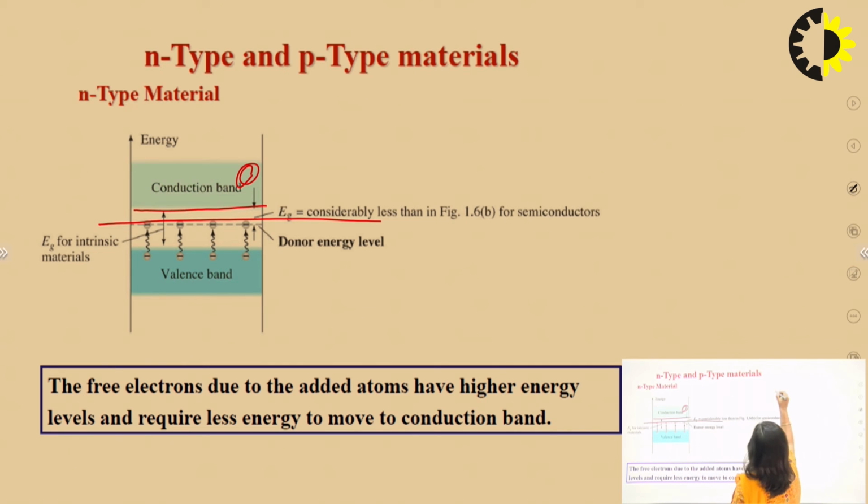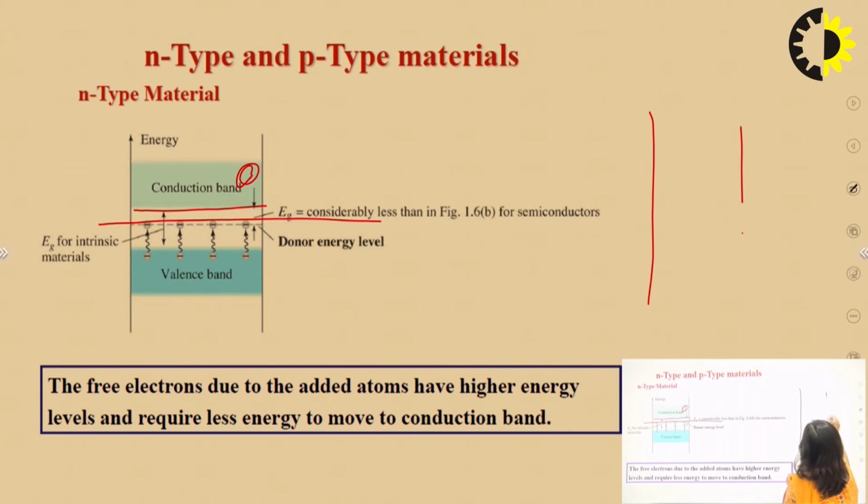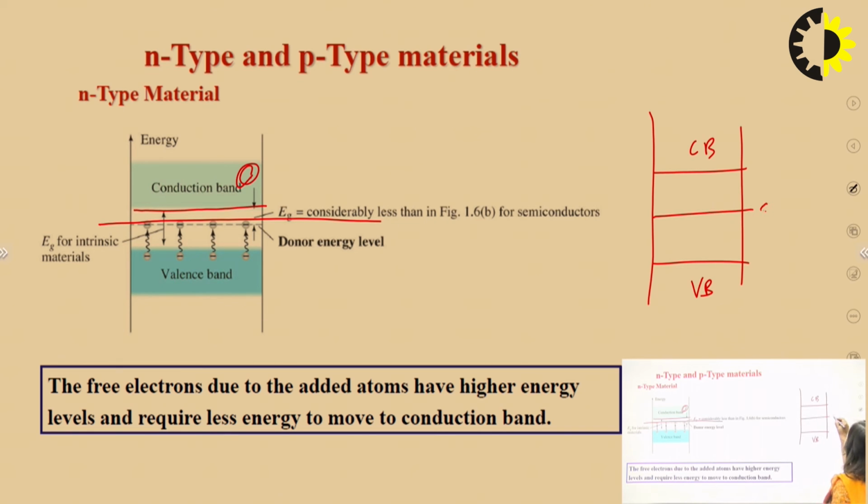In case of an extrinsic semiconductor, this is the conduction band and this is the valence band. The Fermi level lies in the middle in case of an intrinsic semiconductor, because in an intrinsic semiconductor the number of electrons in the conduction band is equal to the number of holes in the valence band.